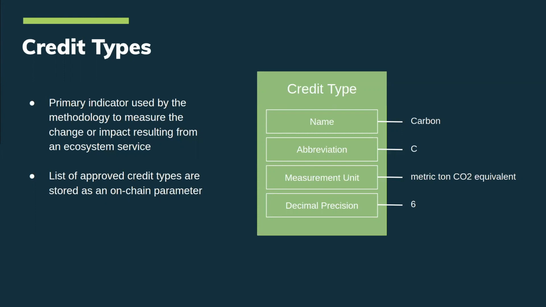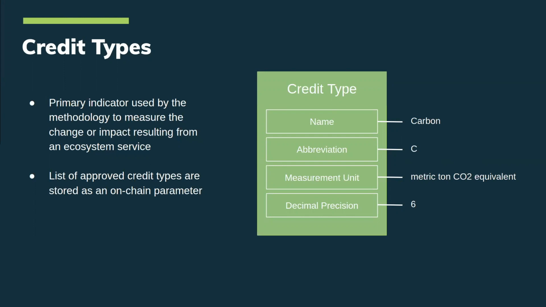The credit type, in terms of its data structure and properties, includes a name, an abbreviation, which can be 1 to 3 characters long, the measurement unit, which is more details about what is actually being measured, in this case, metric ton CO2 equivalent, and a decimal precision, so how precisely it's being measured.